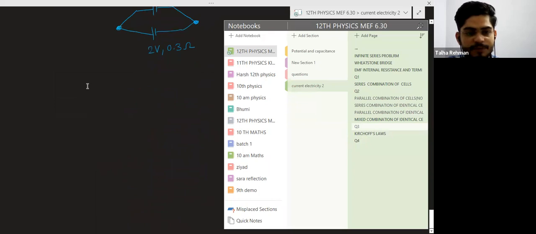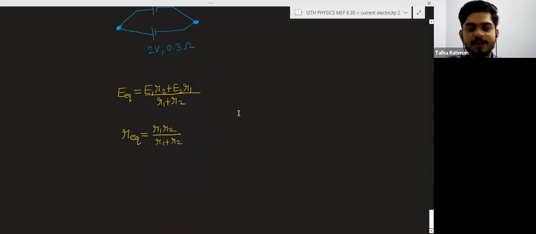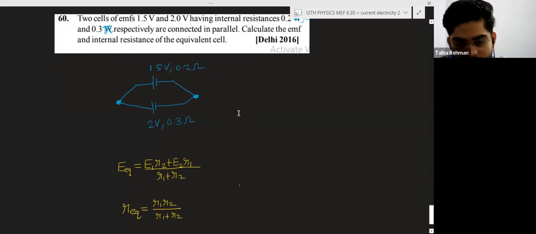So for the parallel combination, if you want to find the equivalent EMF or the equivalent internal resistance, this is the internal resistance and this is given by this. So just make the equivalent circuit. What is the meaning of equivalent circuit? Equivalent circuit is a circuit in which we replace all the cells and all the internal resistances and make them a single equivalent resistance.